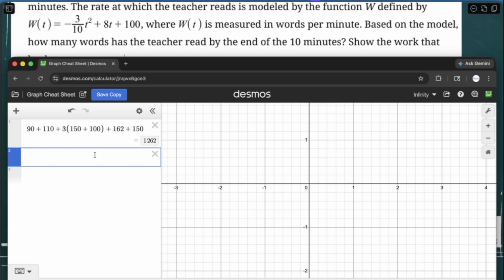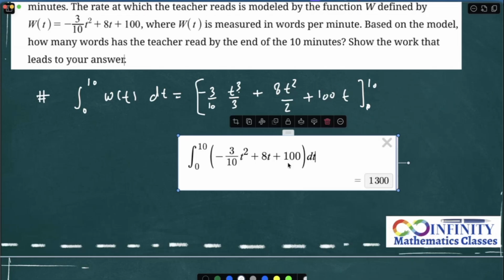Yes, the value is the integral from 0 to 10 of negative 3 by 10 t square plus 8 t plus 100 dt. The value coming out is 1300, right? So this is the value we are getting.